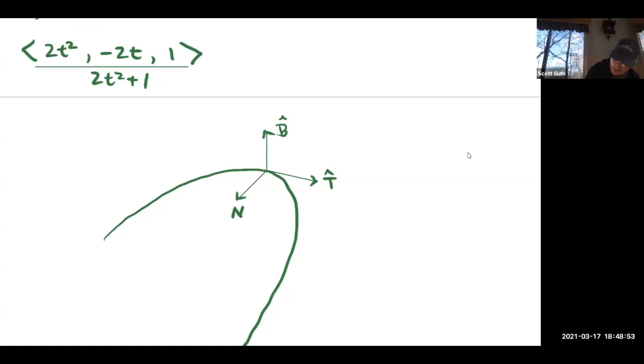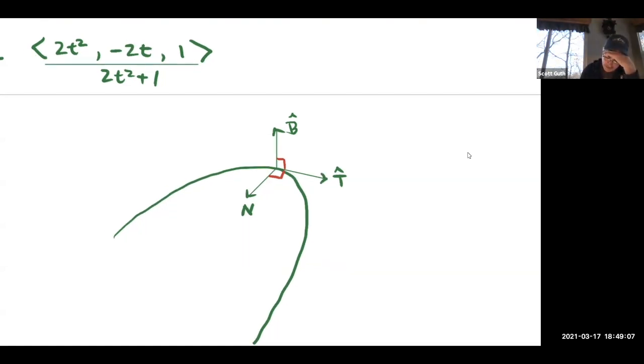N is perpendicular to T, and of course B is perpendicular to T as well, and to N. That's hard to draw, but everything's perpendicular to everything else.